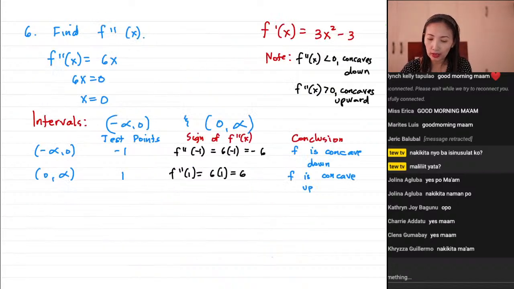Note that in step 5, we found that f has a local maximum at x equal to negative 1 and a local minimum at x equal to 1. f prime of x is equal to 0 at those points. Then f double prime changes sign only at x equal to 0. So, what is the significance of this x equal to 0?